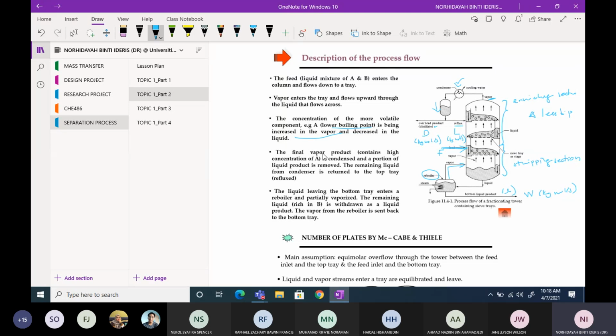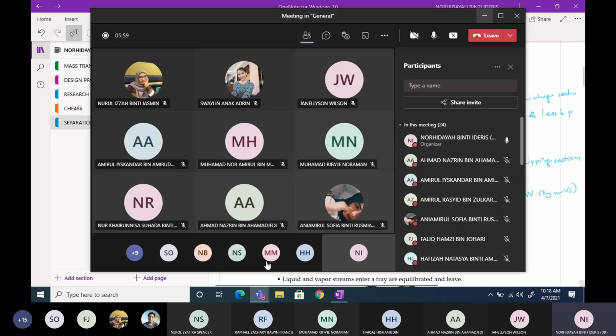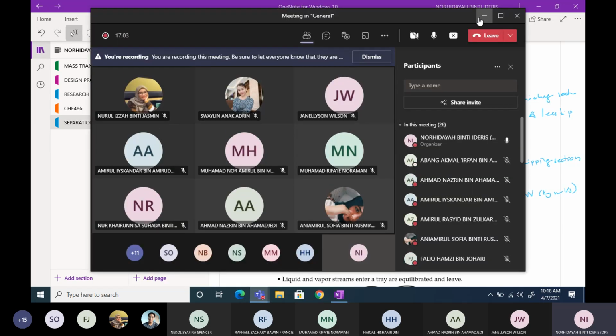The final vapor is condensed and only a portion of the liquid product is removed. The remaining liquid is what we refer to as the reflux. The liquid leaving the bottom tray enters a reboiler and is partially vaporized. So if there is a component with a lower boiling point, it will vaporize again and go back to the column. I hope that you understand the system of the continuous distillation column so far.